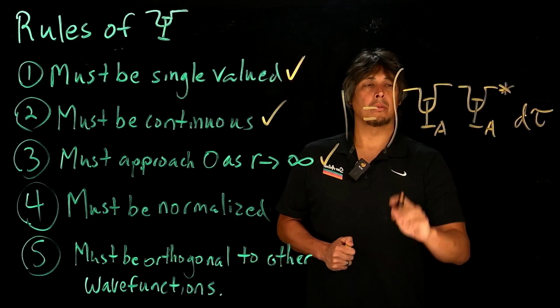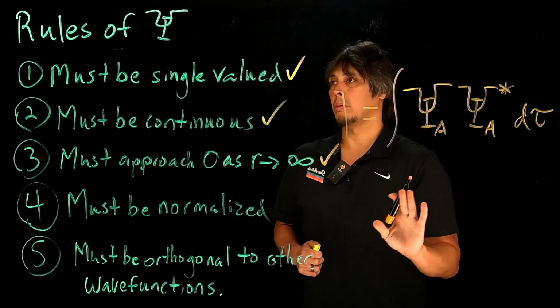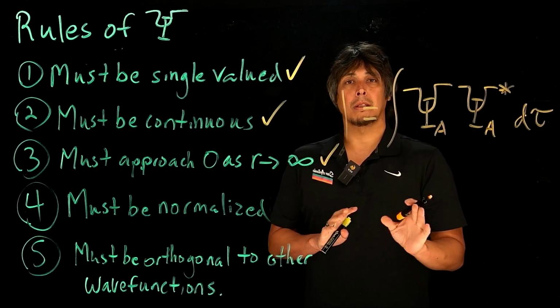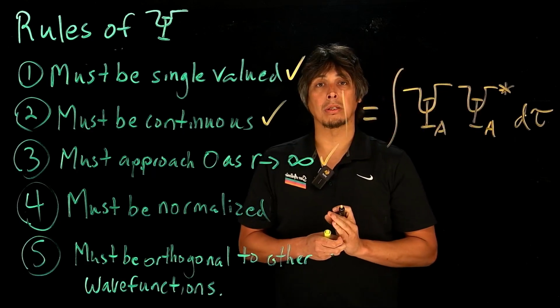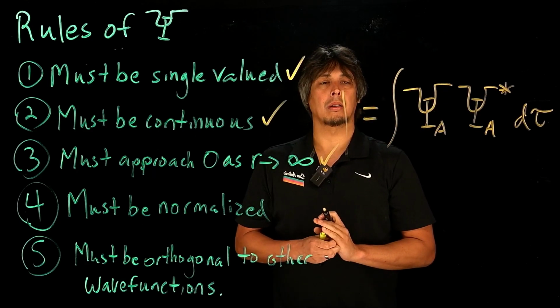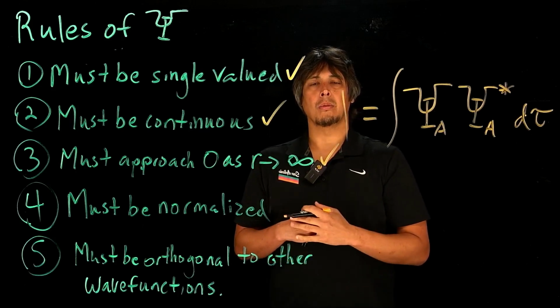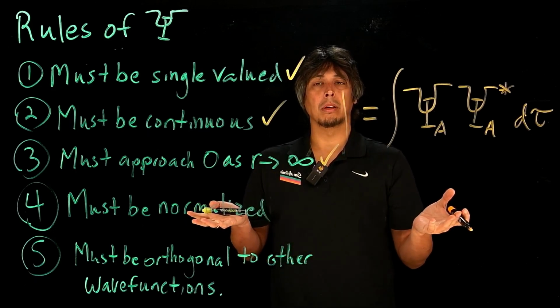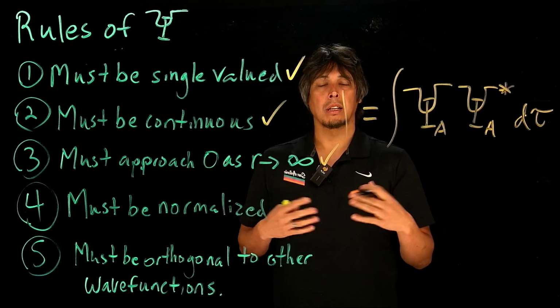All right. So remember what we said before about what happens if we square the wave function. Okay, we get ψ squared. In other words, that tells us the probability that at any given position the electron resides.